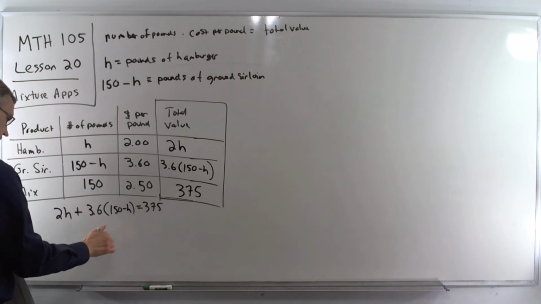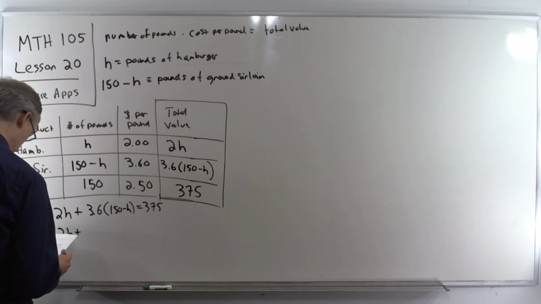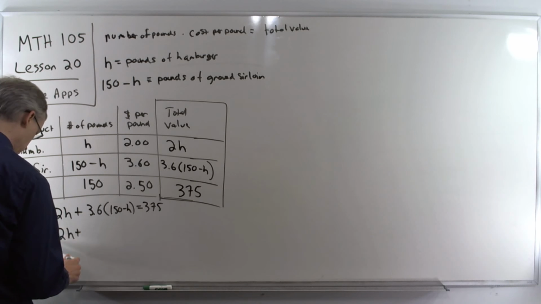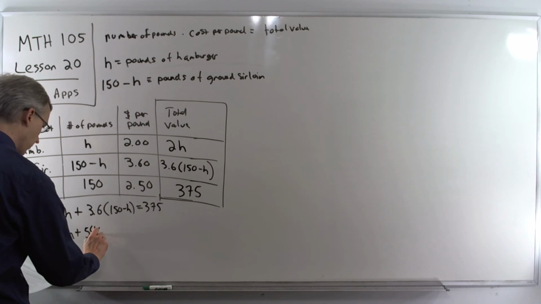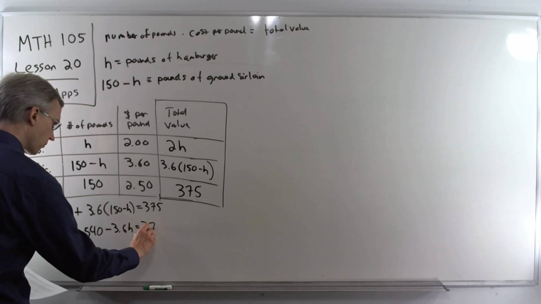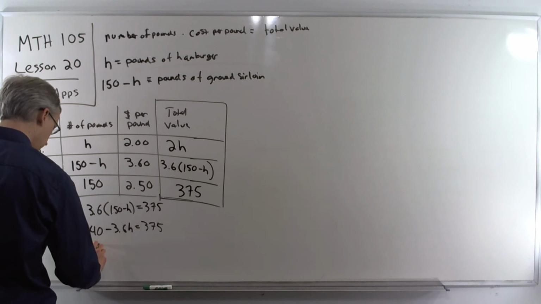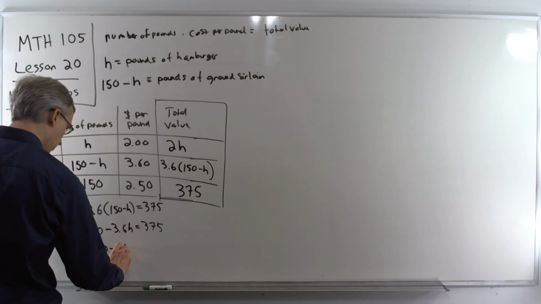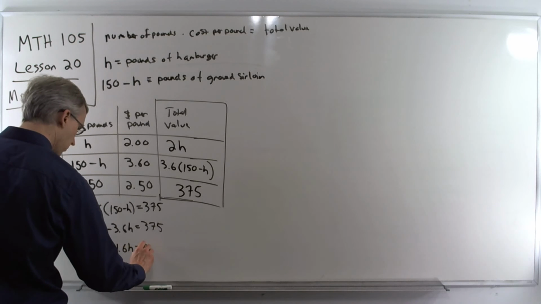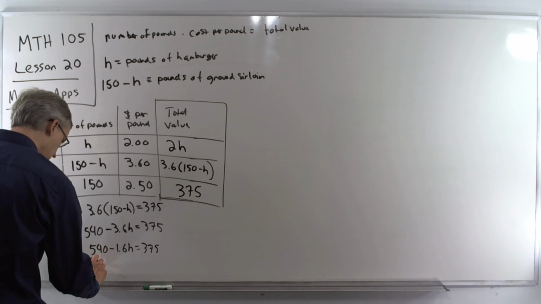So I'm going to distribute first. All right, now we'll combine like terms, so 2H minus 3.6H. All right, now I'm going to get all the numbers to the right, so subtract 540.